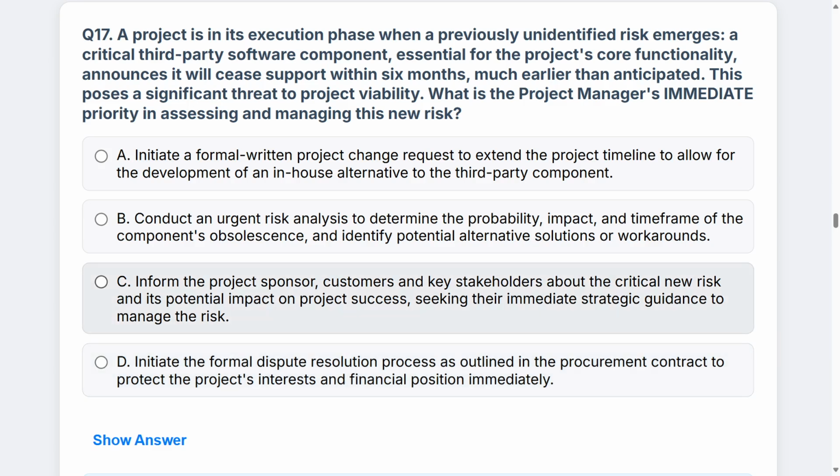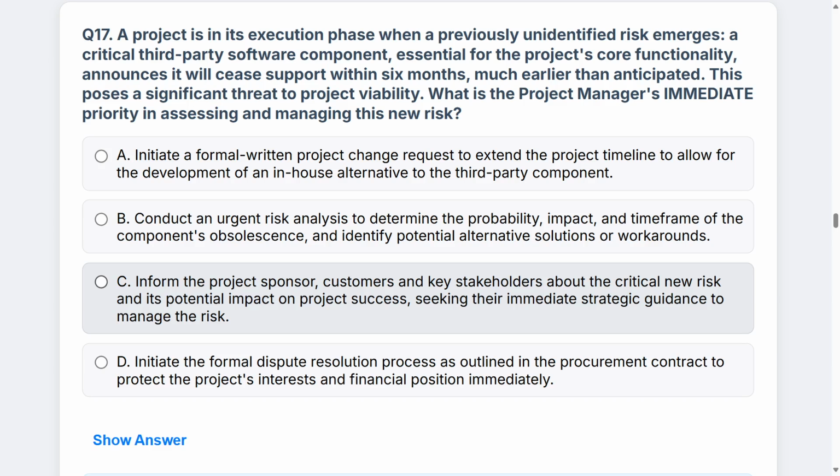I would go to the next one up and see if this works. Option C, inform the project sponsor, customers, and key stakeholders about the critical new risk and its potential impact on project success, seeking their immediate strategic guidance to manage the risk.